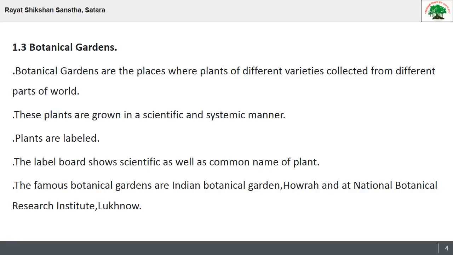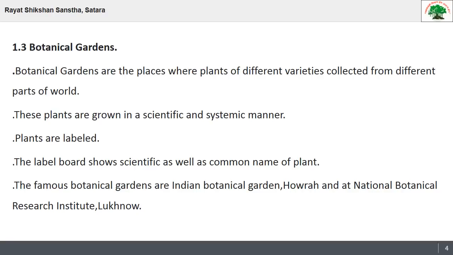These botanical gardens are often run by universities and other scientific research organizations, and are associated with herbaria and research programs in plant taxonomy and other aspects of botanical science.